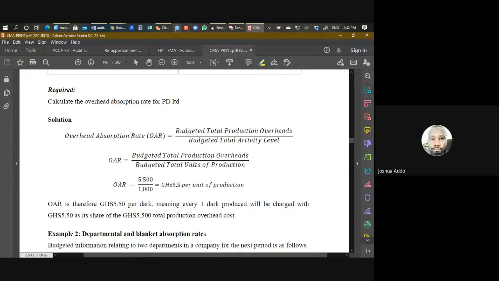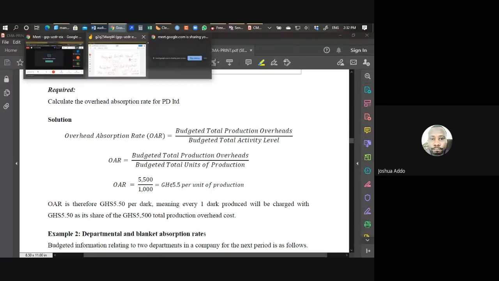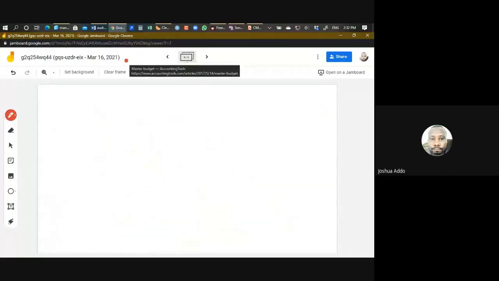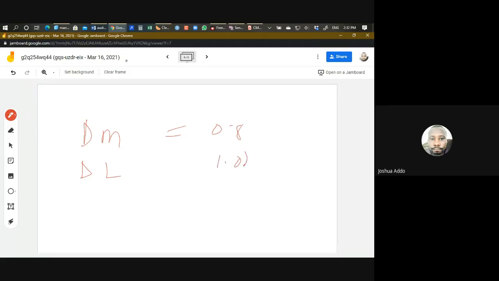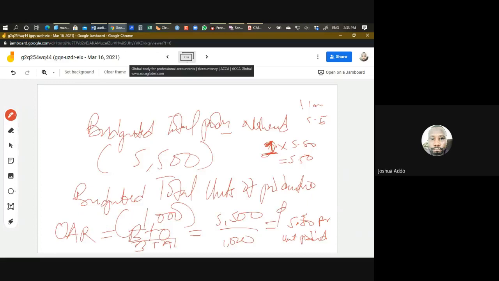So if we had already calculated our direct material 0.8, direct labor 1.0, direct expenses 1 cedi, giving us 2 cedis 80 pesewas as prime cost, then the production overhead cost per unit in this case will be 5 cedis 50 pesewas.